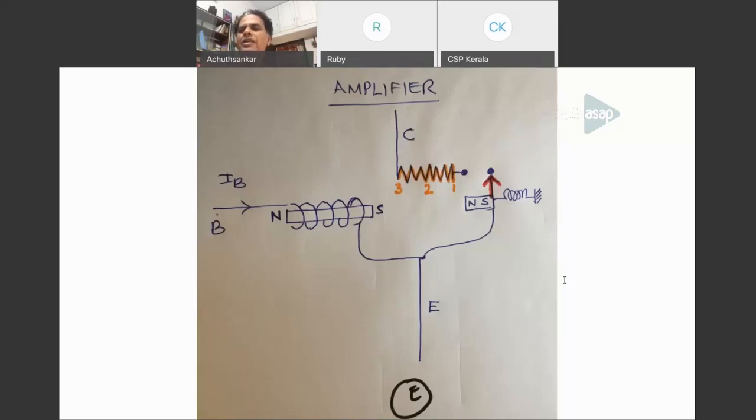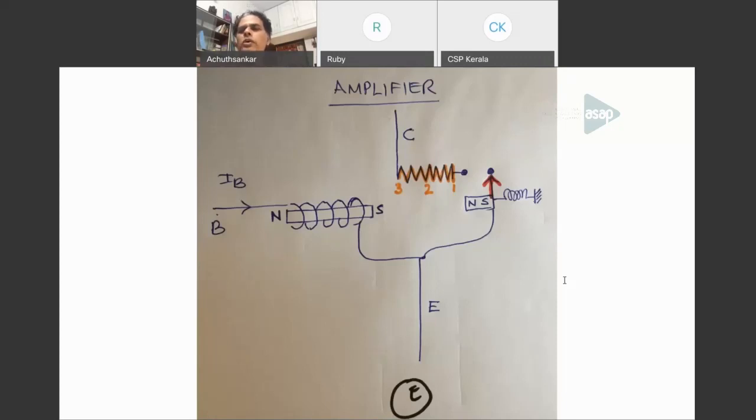I repeat again, the solution to make the transistor respond to an AC signal is to keep it biased, not on one side, but at the middle. Biased means that you don't go to the extremes, you are in the middle. So you apply a small positive DC voltage to the base circuit. The pointer comes and remains at 2.